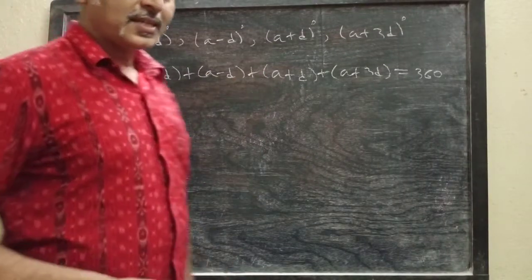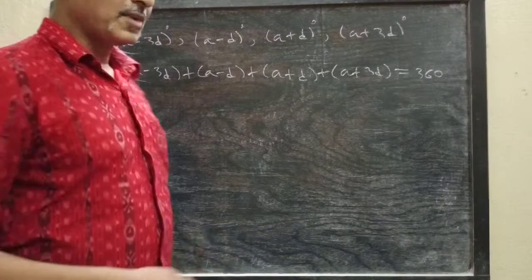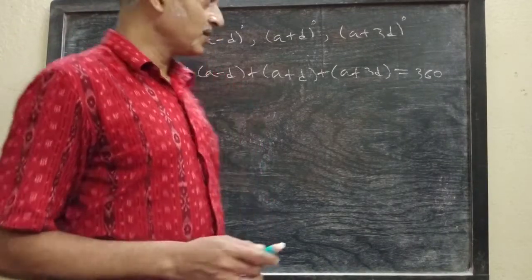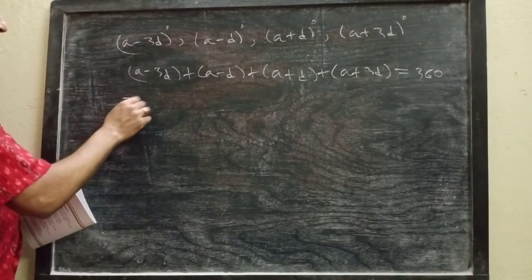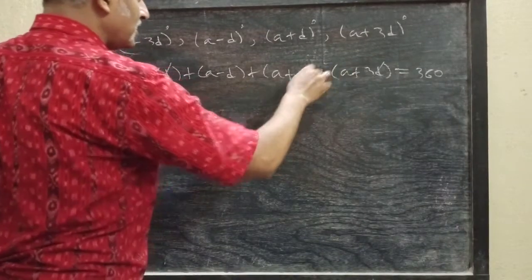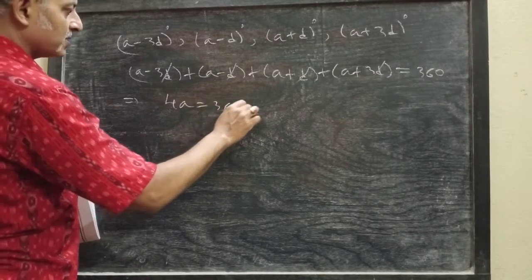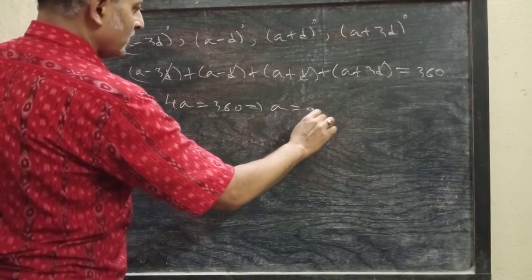I have eliminated degree here because when writing an equation, units are not required. So 3D cancels, D cancels, and we get 4A equals 360. That implies A equals 90.